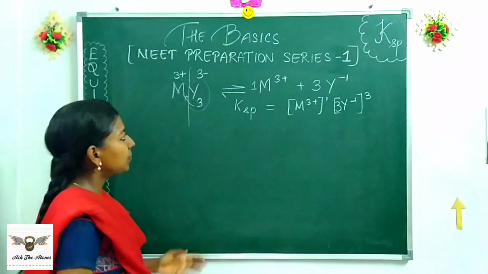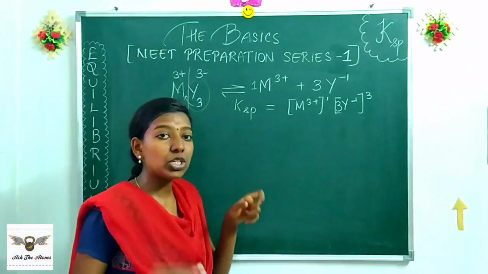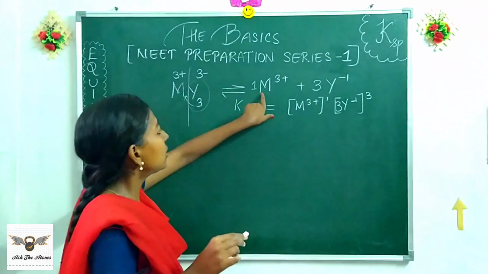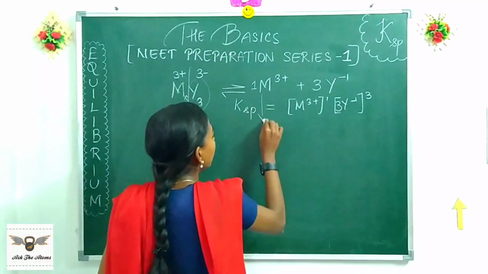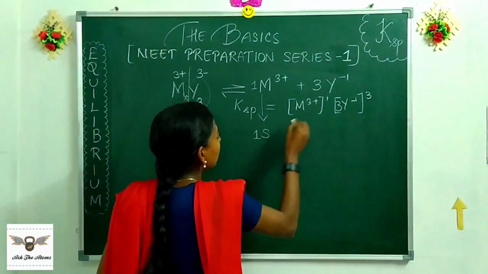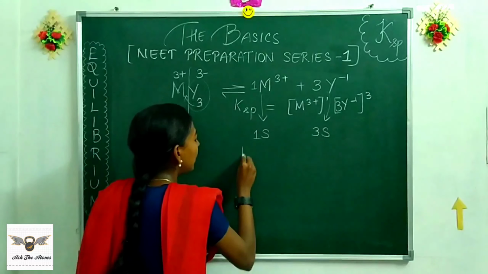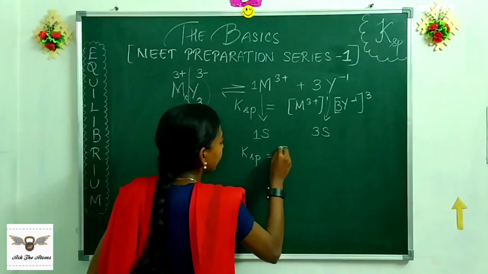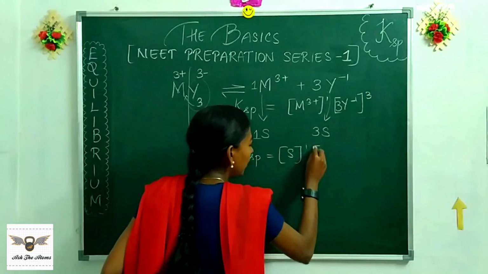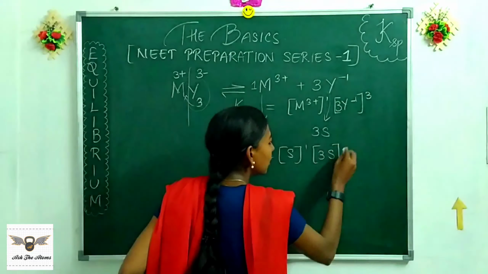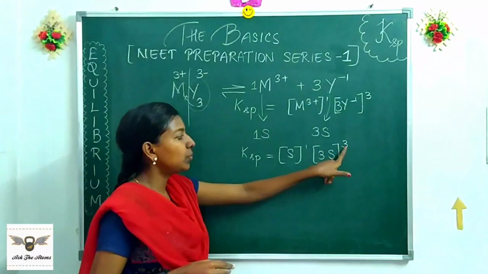Or in simple words, using the solubility S, let us try to write it. For this, it's going to be 1S, and for this, it's going to be 3S. Now the KSP is going to be S power 1 into 3S, the whole cube. Don't forget to give the cube.